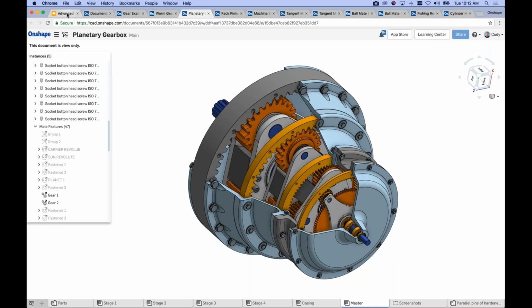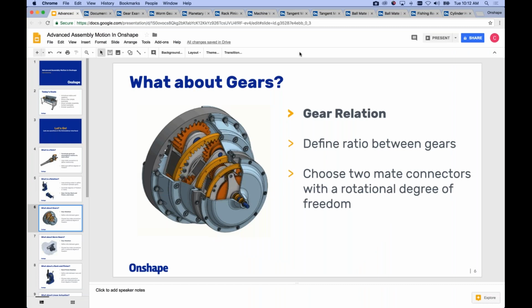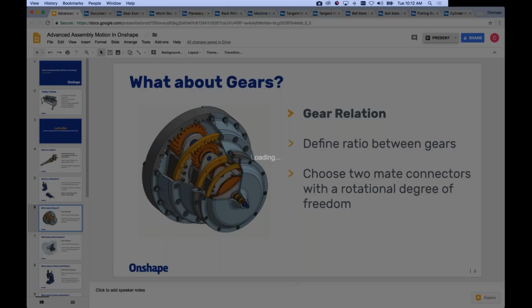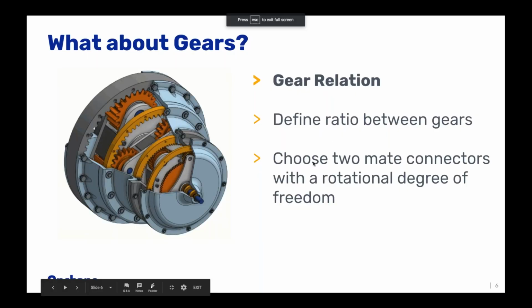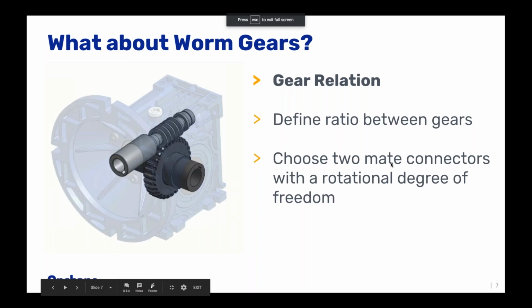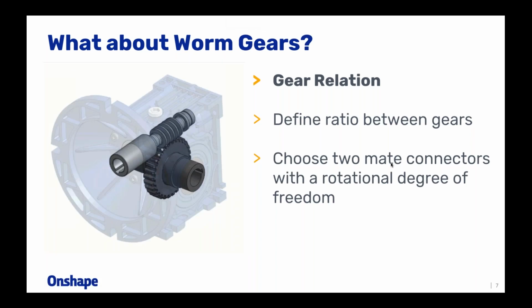Another question that often comes up is, okay, you've shown a simple gear example. What about worm gears or helical gears or any of those types of scenarios? And the answer is the same. It's still the gear relation. All we're really doing is defining a ratio between two rotational degrees of freedom, and those rotational degrees of freedom can be in line with one another. They could be opposed. That's up to you, right?